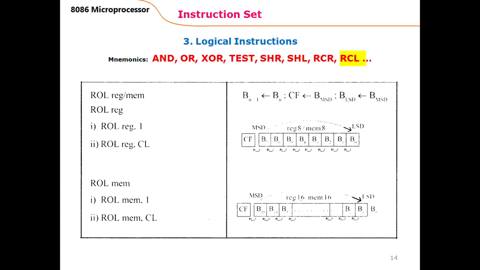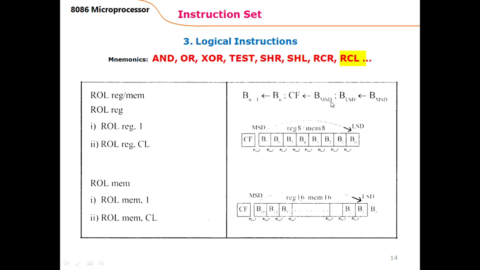And this is rotate left, where the value to be rotated is provided through a register or through a memory location. With the rotate left instruction, each bit is left shifted by 1, and then the most significant bit, which is B7, is copied to the carry flag.